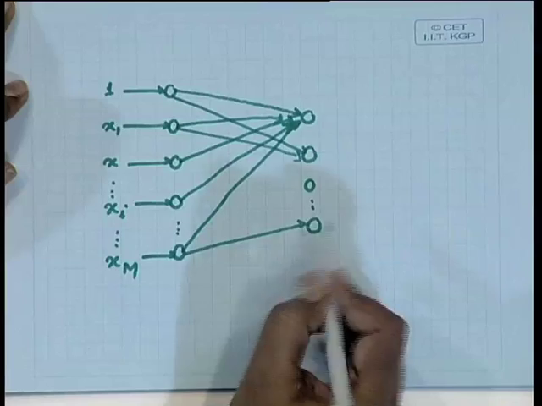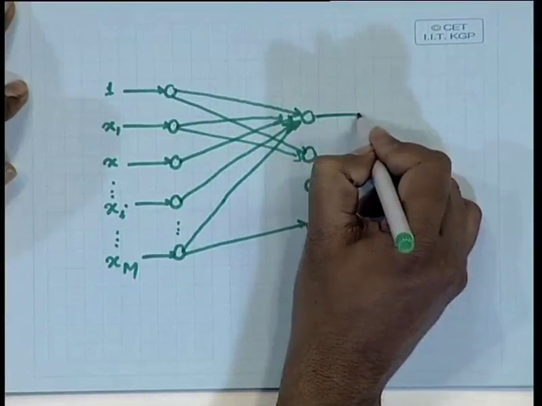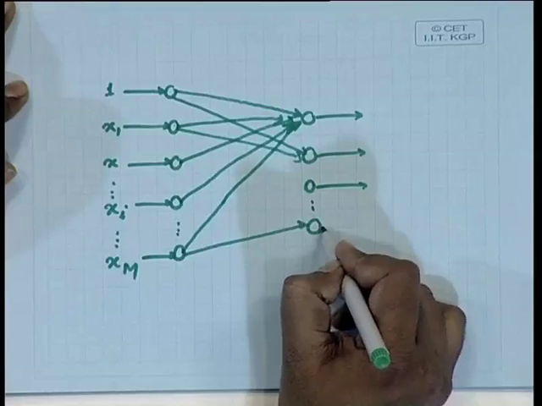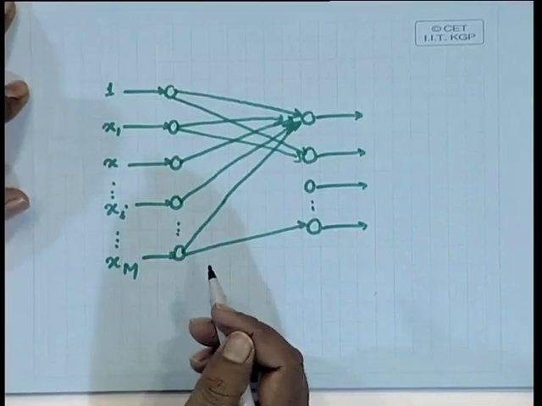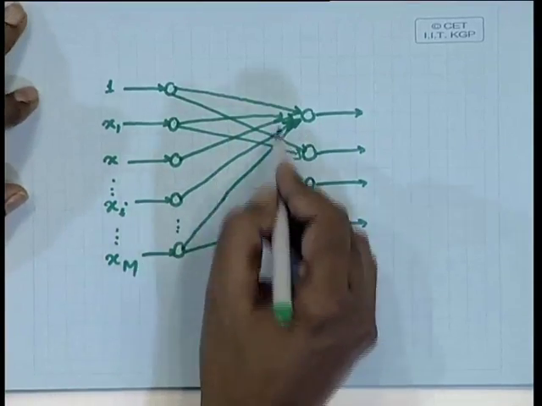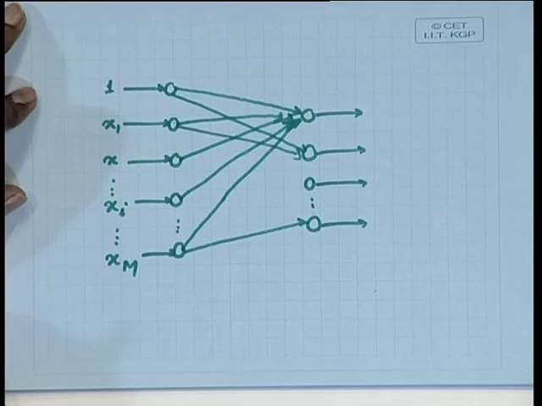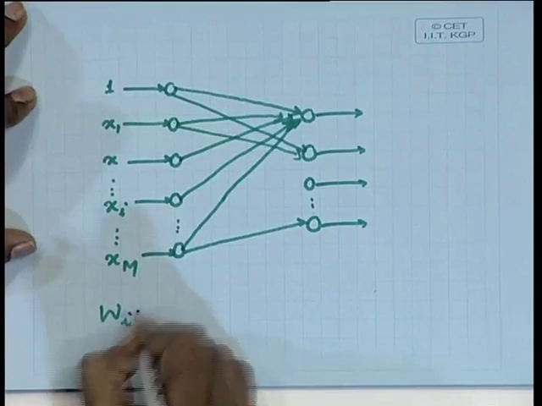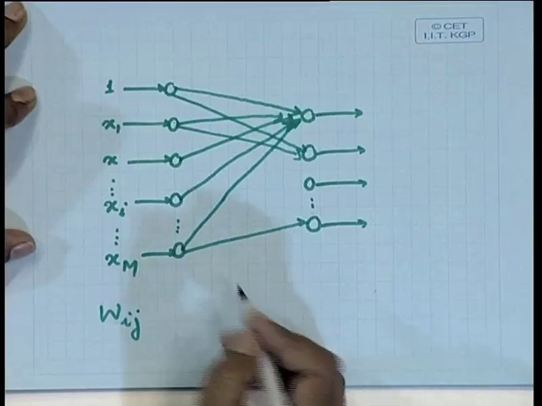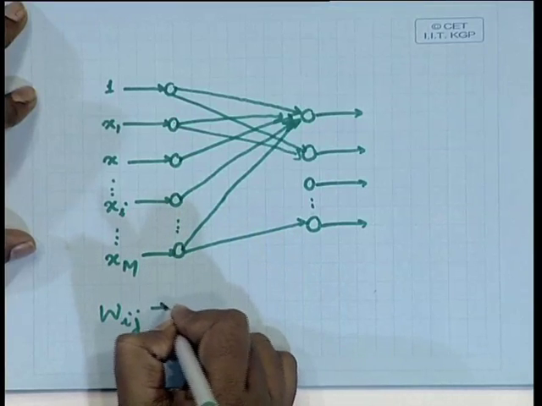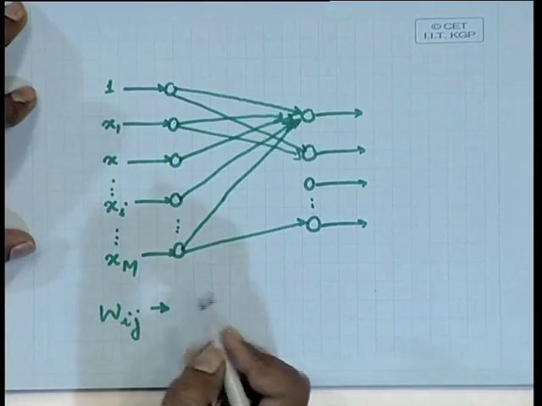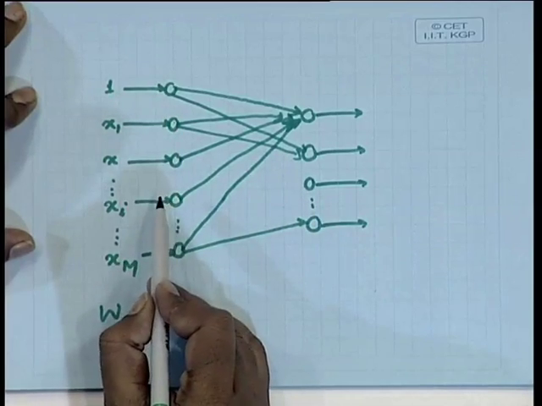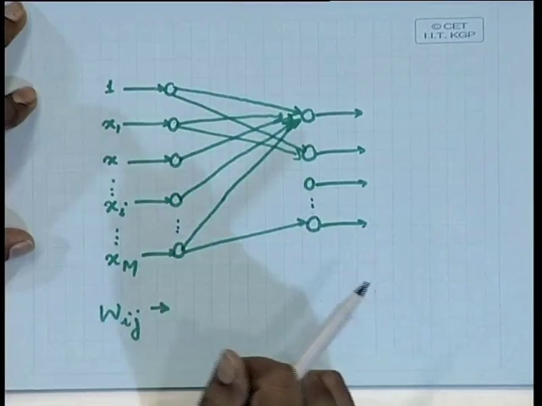It continues like this, and these are my outputs. So, I represent the connection weights as Wij. This Wij connection weight means that this is the weight of the connection from the ith node of the input layer to the jth node of the output layer.